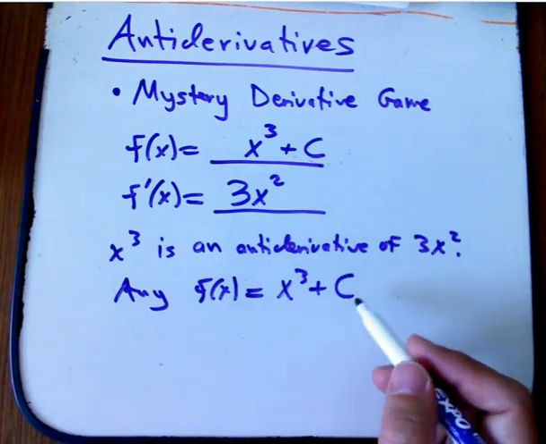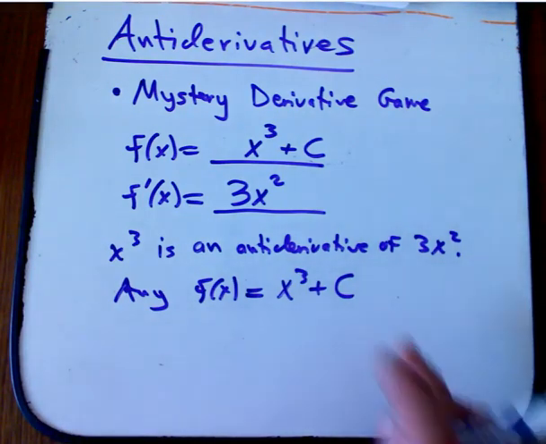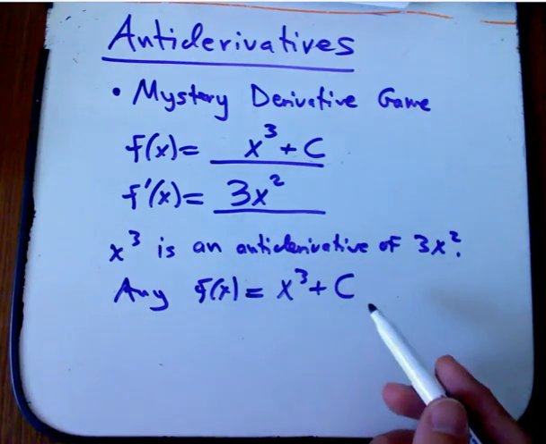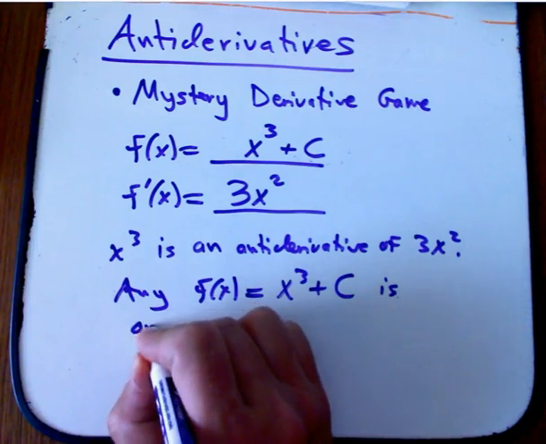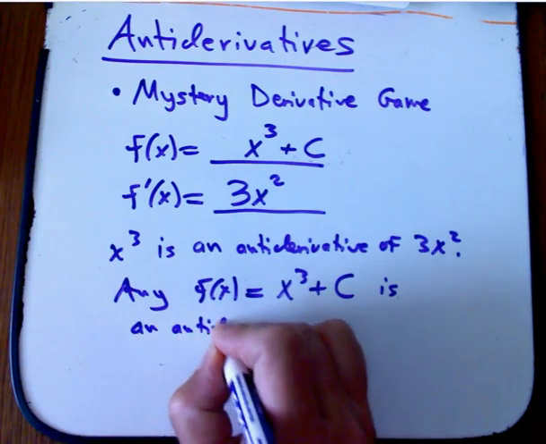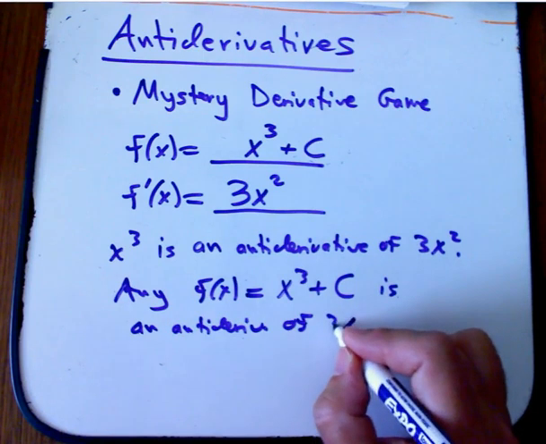So that c is a stand-in for an arbitrary constant that you could put in. Doesn't matter what it is. Could be 0, but anything of this form works as an antiderivative of 3x squared.